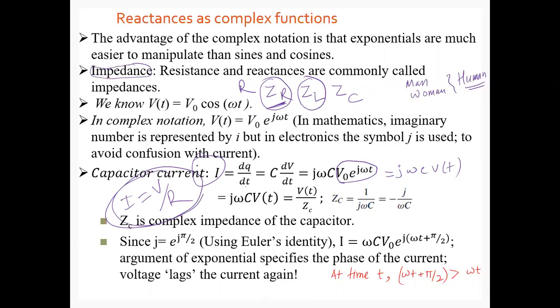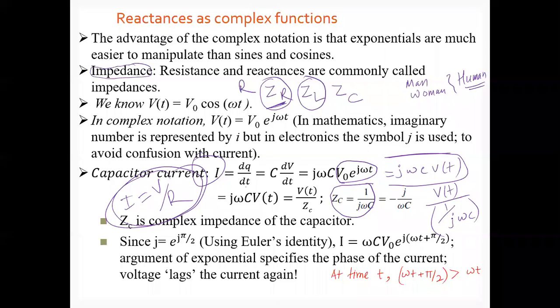Compare this guy and that guy. So what do you get? V is V. What is on the bottom? R. So V over R, right? I have to write R. So 1 over j omega C. That's my ZC. Does it make sense so far?